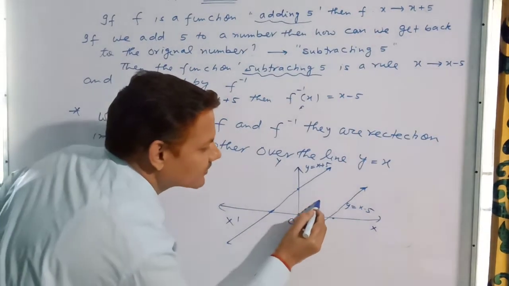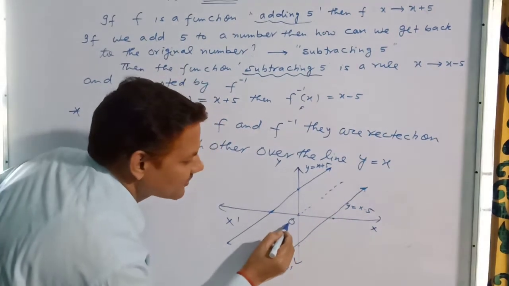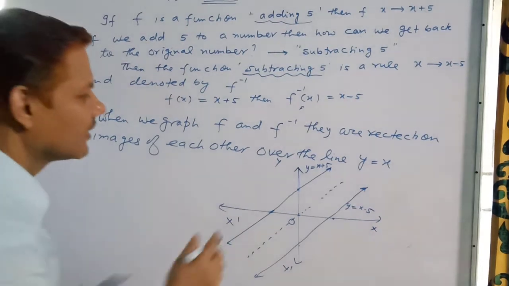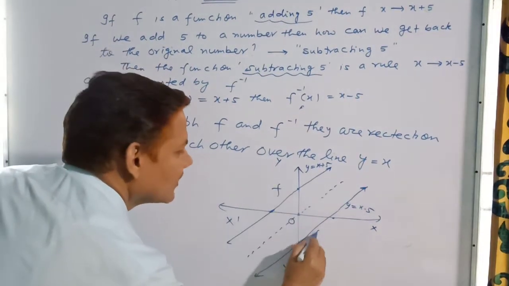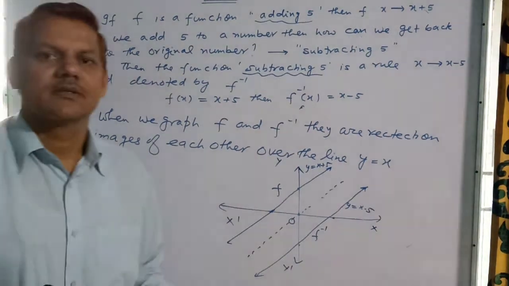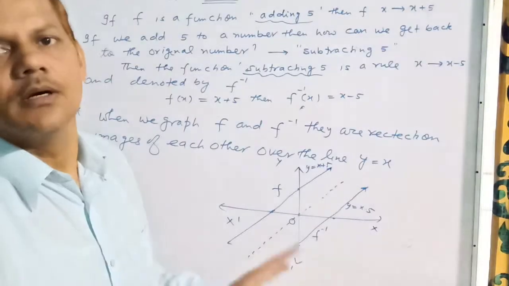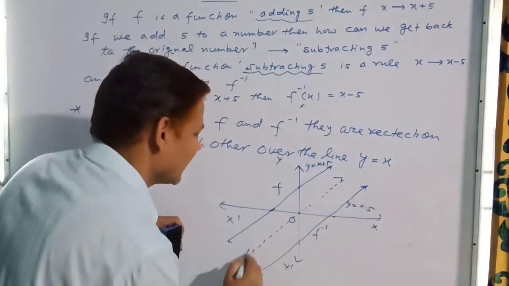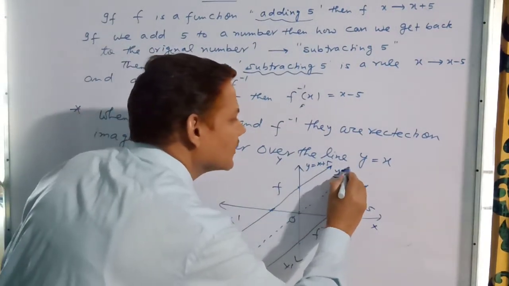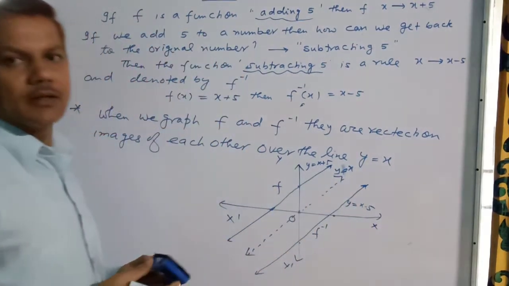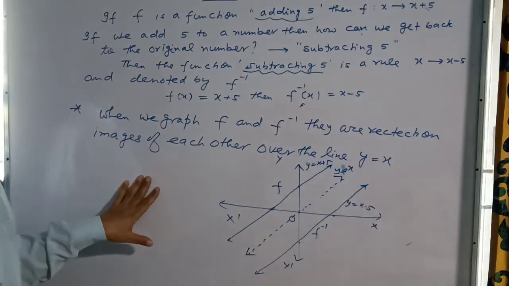Actually they are the reflected images of each other, this is called f and it is called f inverse, along the line y is equal to x, which is used as a mirror. Okay, this is the basic concept of inverse.